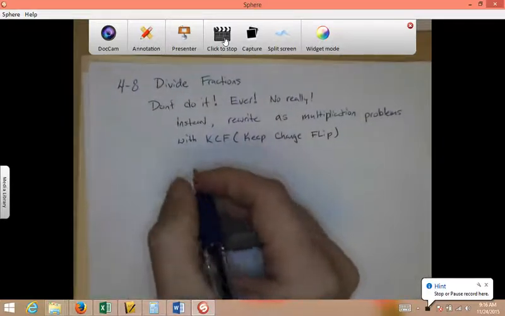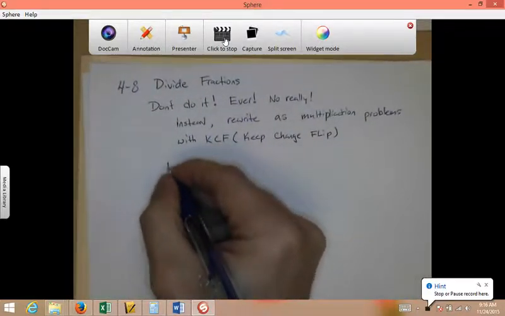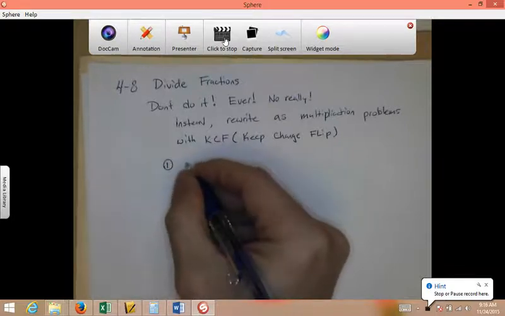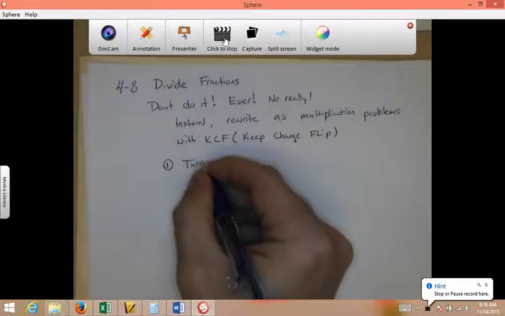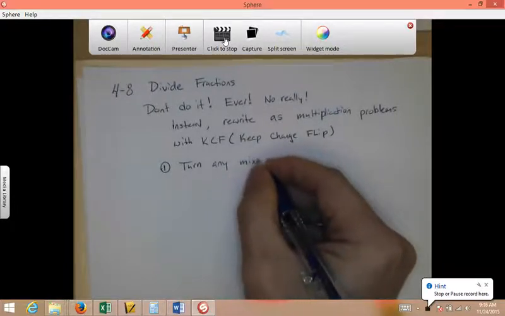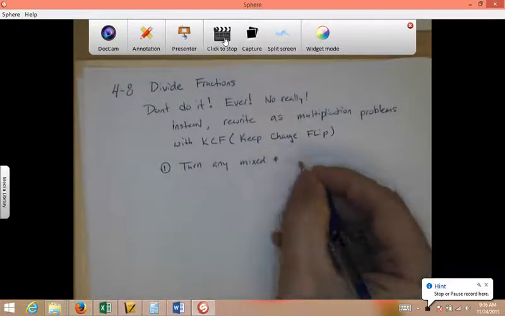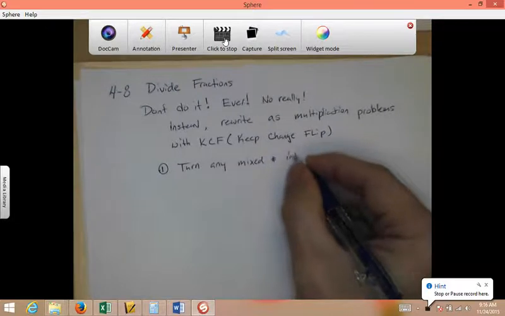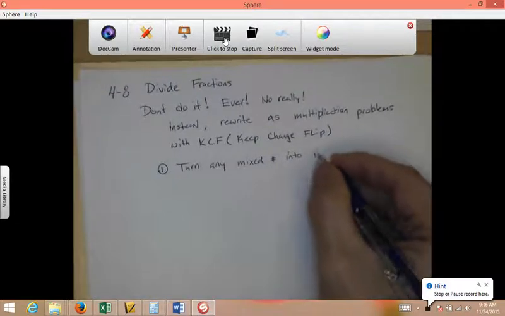So, what you're going to do: one, turn any mixed number into improper fractions.